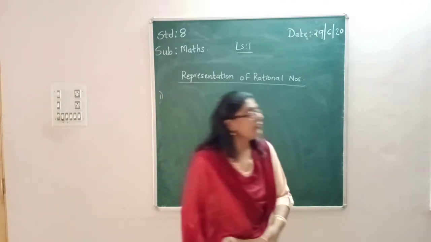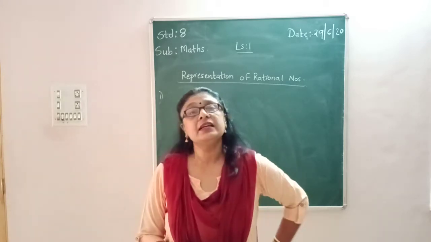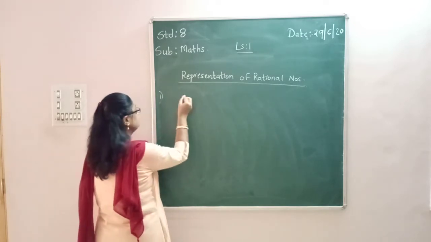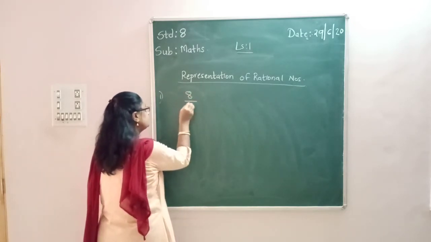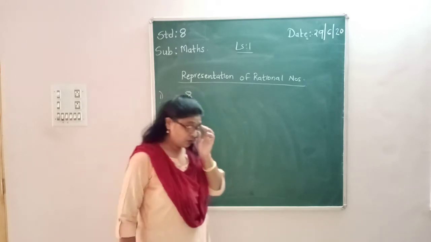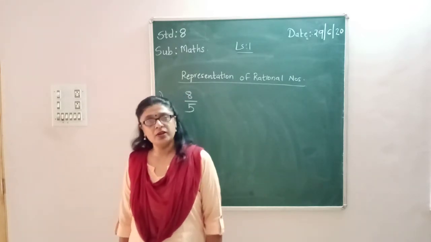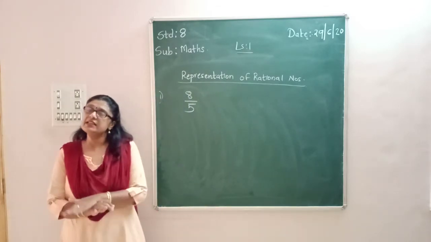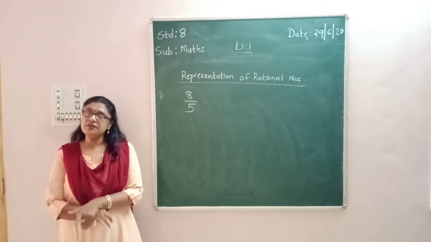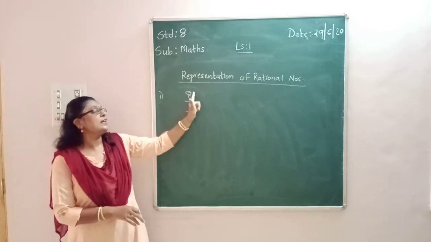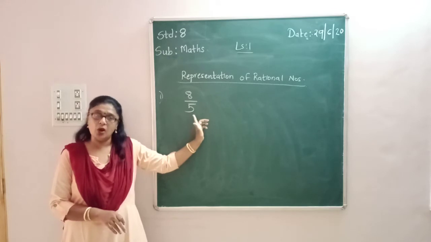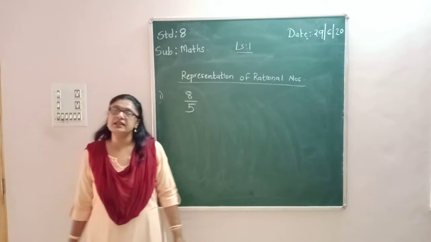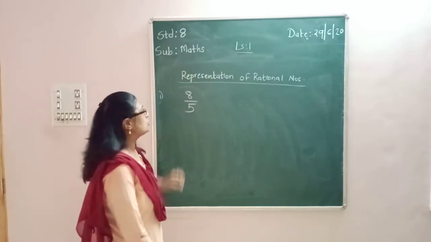Now what if the denominator is smaller than the numerator? Suppose I tell you this number: do the plotting of 8 upon 5. So children, the method goes just the same, but the first step will change. Here the numerator is greater than the denominator. So first I have to decide between which two numbers 8 upon 5 is lying.